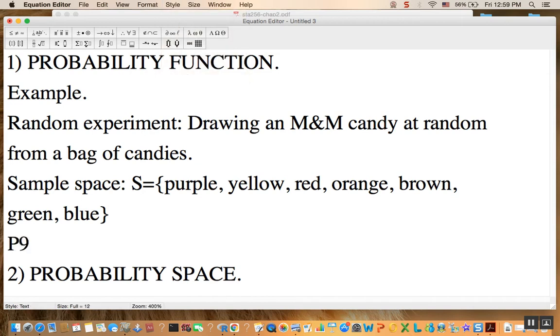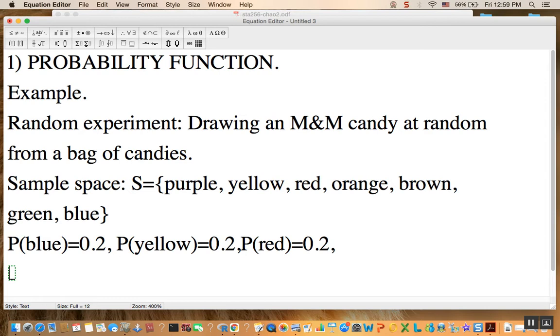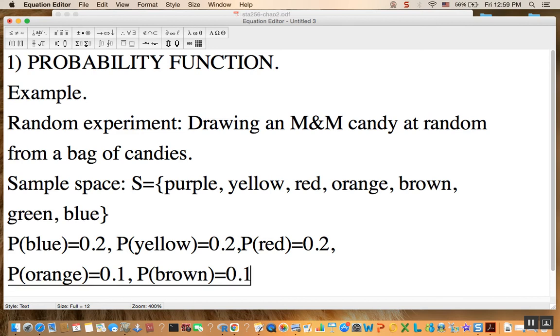blue candies is 0.2, proportion of yellow is 0.2 as well, proportion of red happens to be 0.2 as well, proportion of orange candies 0.1, proportion of brown also 0.1, proportion of green 0.1.